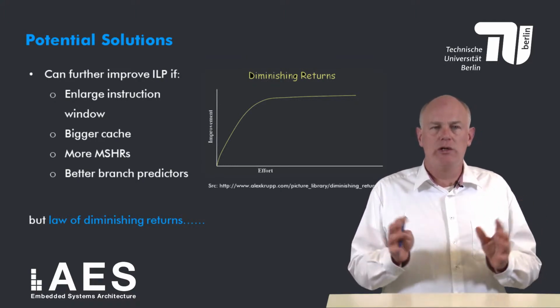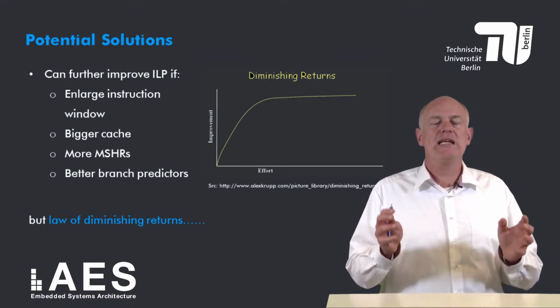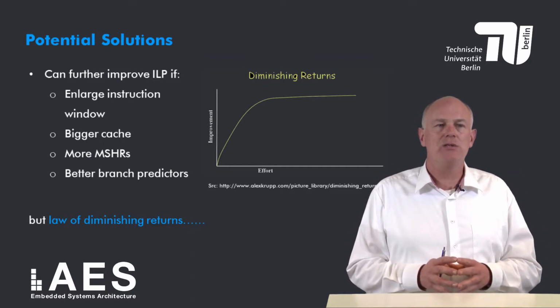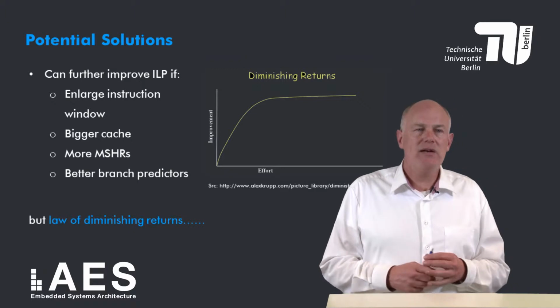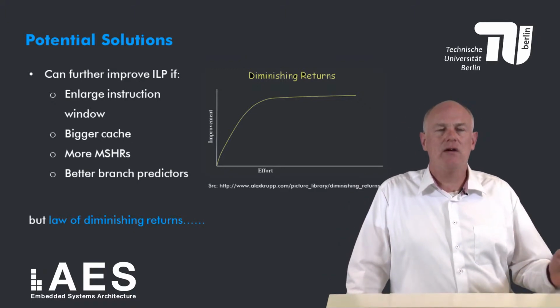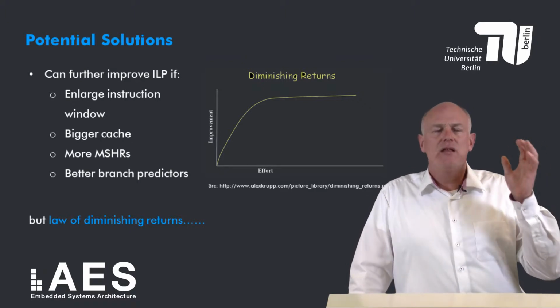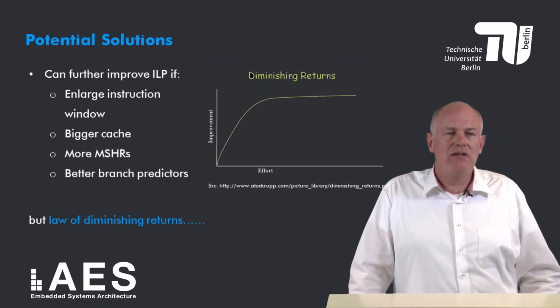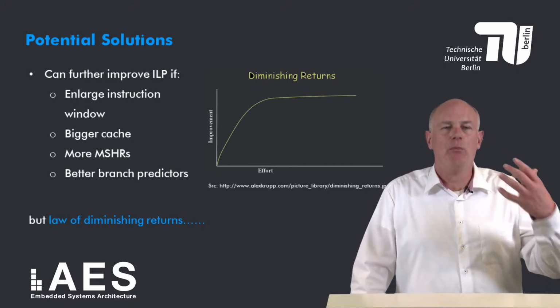Of course we should, because our goal is to make the execution of a single thread as fast as possible. But there is the malicious law of diminishing returns, which tells us that to get the remaining 5% of the potential benefit requires more and more effort.